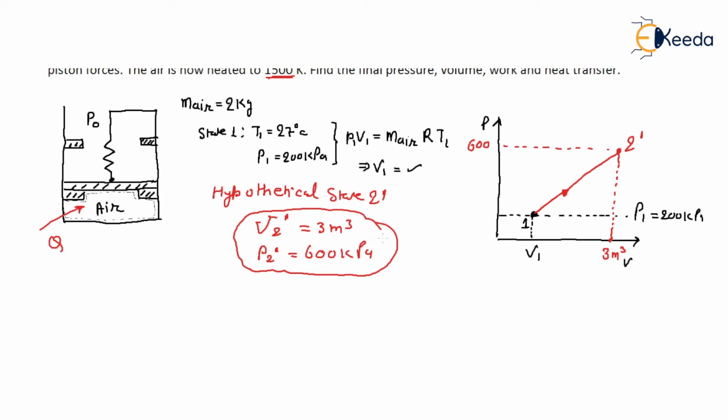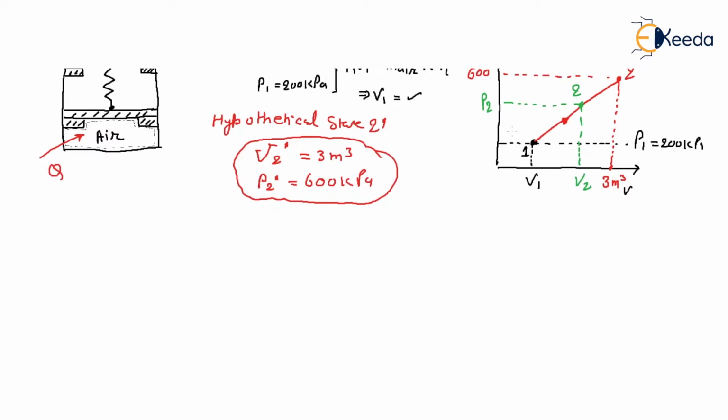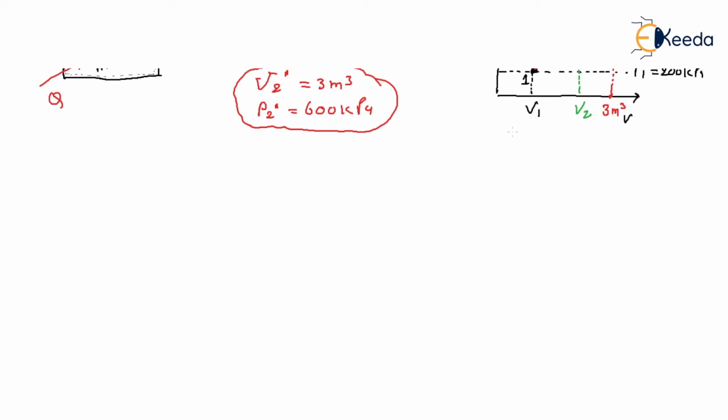So we take the final state somewhere in between. Take this as your final state 2. So we find what V2 and P2 are. For that we apply a straight line equation. What is that?